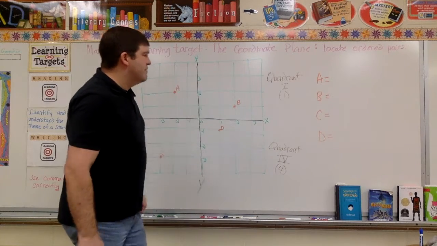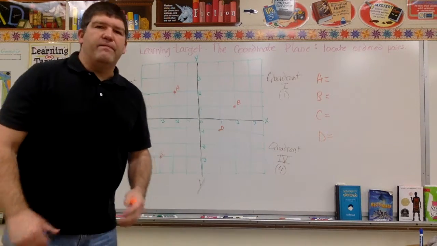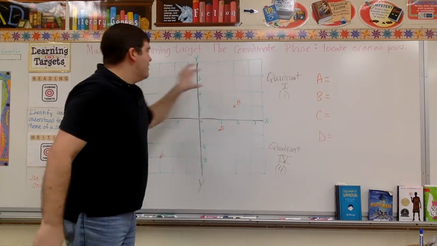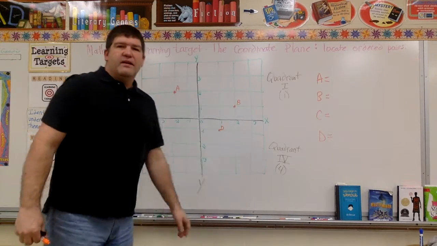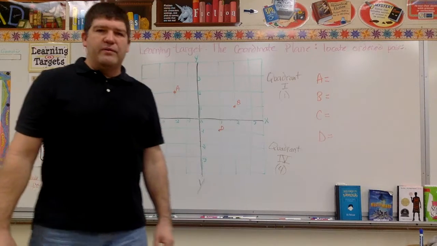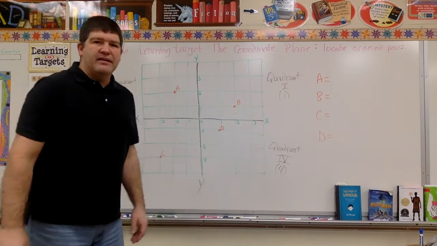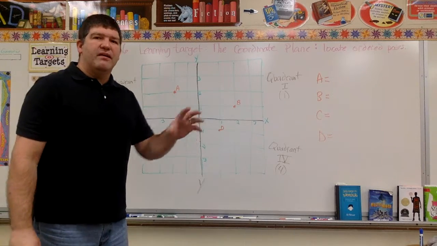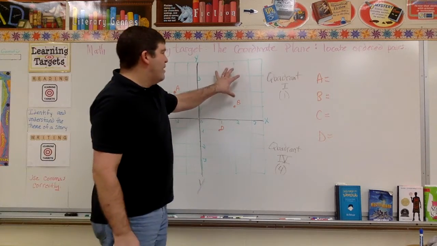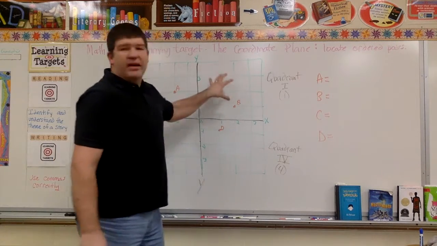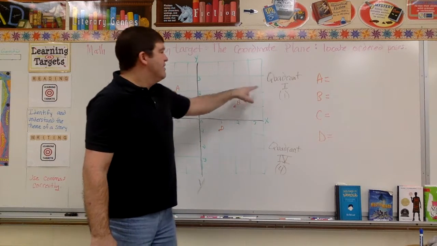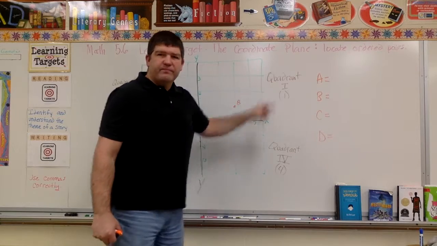I'm going up from 0. 1, 2, 3. Okay? Now, by having two lines like this, it gives me 4 different areas. Those areas are called quadrants. A quadrant, quad is 4, so it's one of the 4 areas. This one right here in the top right is quadrant 1.